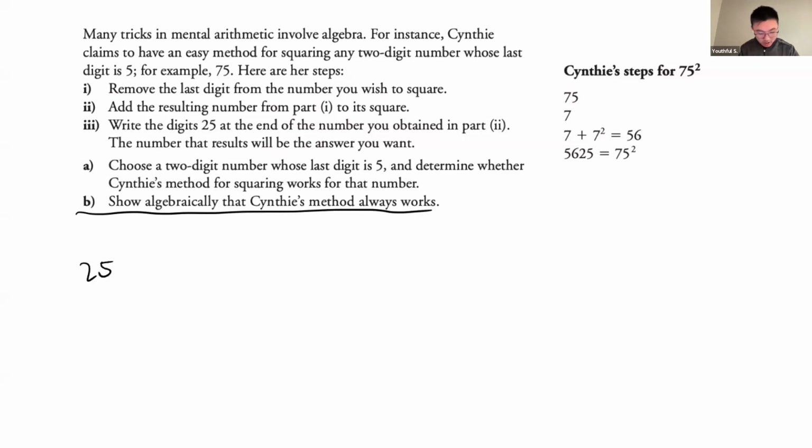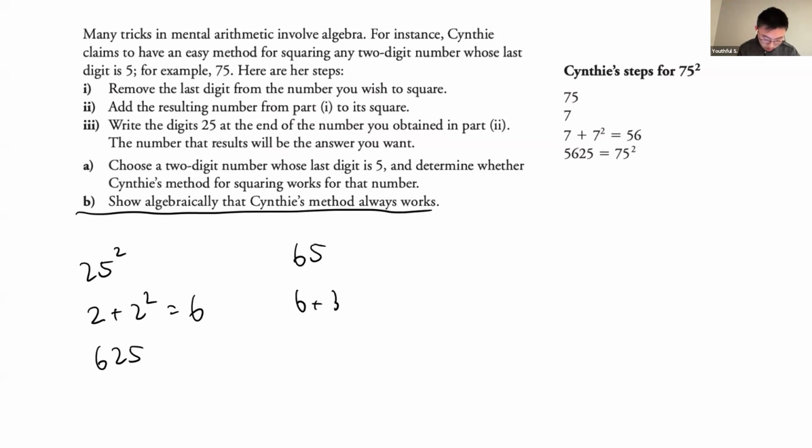Okay, let's go with 25 then. So 25 squared, you get 2 plus 2 squared, which is 6. Add 25 to the end of it, you get 625. So yeah, 25 squared is equal to 625. Okay, I guess we'll try 65.